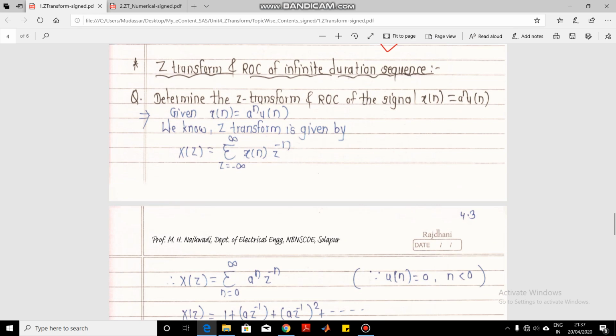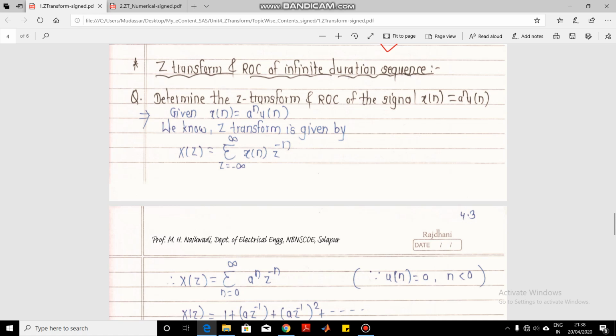For example, we are given a signal x of n equal to a raised to n u of n. We remember that u of n is a signal which exists from n equal to 0 to infinity. So this signal x of n has values from 0 to infinity. This is an infinite duration sequence. a raised to n is an exponential sequence multiplied by u of n.